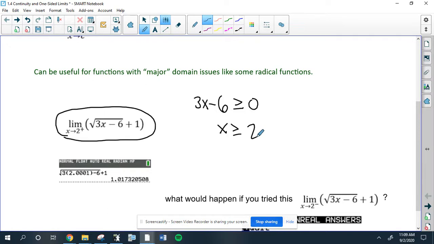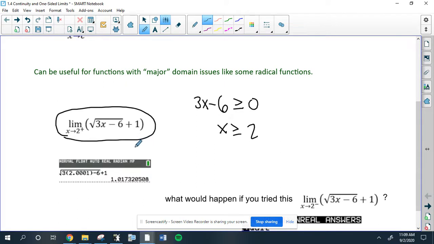So the regular limit as x approaches 2 doesn't make much sense because there's nothing to the left of 2. So if you try to take the limit of this as x approaches 2 from the right, that allows you to do so. To do that, we're going to do it numerically.